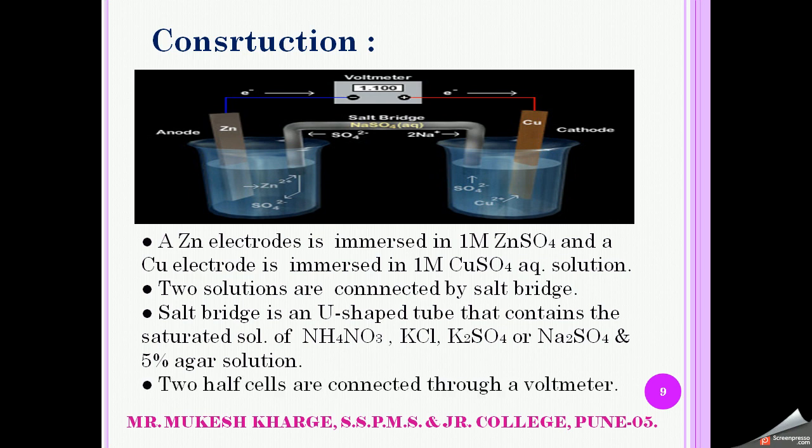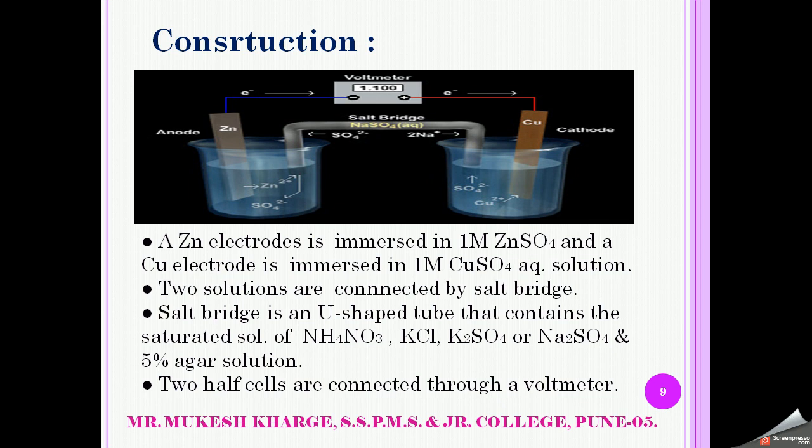Then these two half cells are connected through a voltmeter. In that voltmeter we can measure voltage or potential difference across the two electrodes. Now as we discussed earlier, anode is negatively charged and cathode is positively charged. Why is this positive and negative reverse to that in electrolysis?